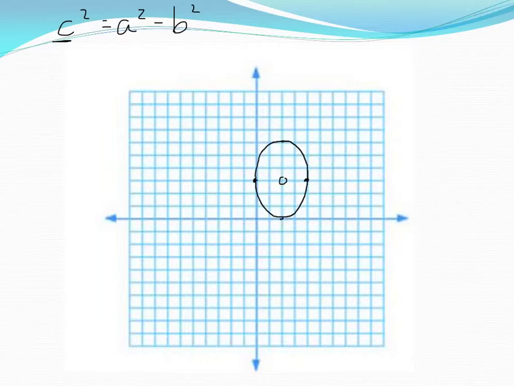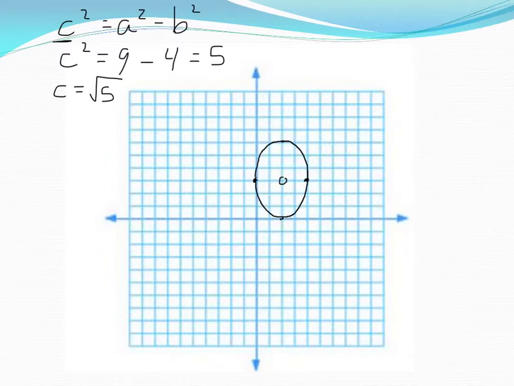In this case, the larger is the y radius, the major axis is going vertically, and that radius is 3, so a squared will be 9. The minor axis has a length of 4 going across. That means the minor radius is 2 units, so 2 squared is 4. That means that c squared is equal to 5. C is equal to the square root of 5.